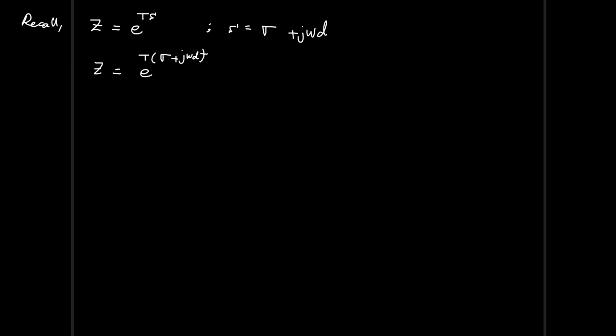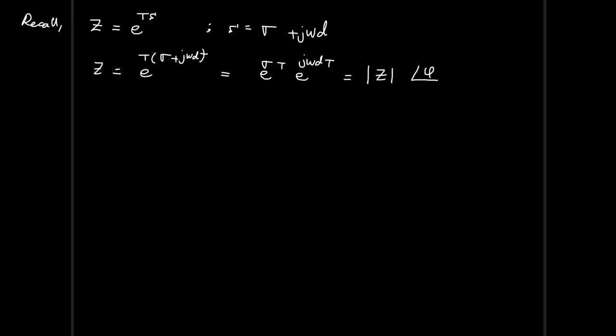So this can be written as exponential of sigma T multiplied by exponential of j omega_d T, which has amplitude and angle.